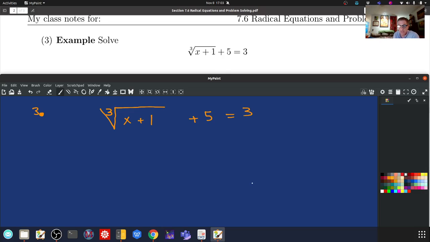So our first step is going to be to isolate the radical all by itself. And I'm going to do that by subtracting 5 from both sides. So that gives me the cube root of x plus 1 is equal to -2.